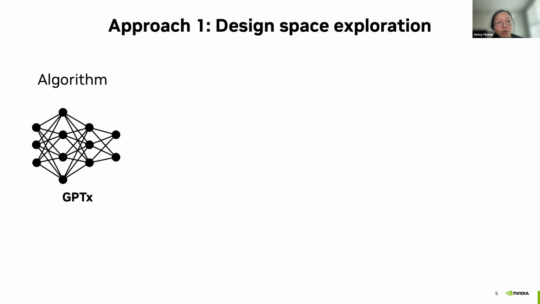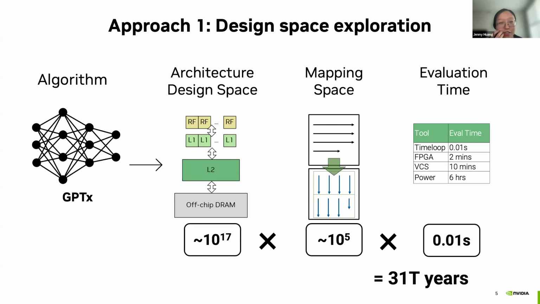A straightforward solution would be to perform a design space exploration, assuming we have a simulator or emulator or even an existing implementation to allow us to evaluate different design options. We can define our architecture design space. Together with that, we also need to consider a huge mapping space so that we can fully leverage the benefits these different architecture designs can give us.